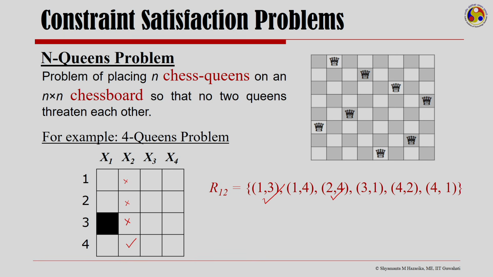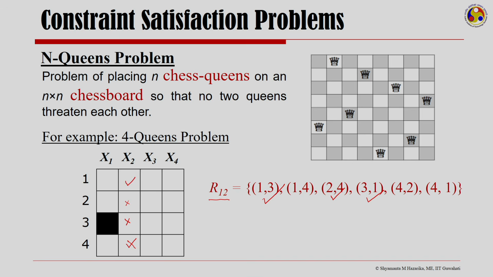We could then think of going for the third one, in which case this also is not possible. The only possibility in the third case is having a queen there, and therefore, we would explicitly include 3, 1 to be there in the set R, 1, 2. Here 1 and 2 refers to the first and the second queen, a relationship between them.